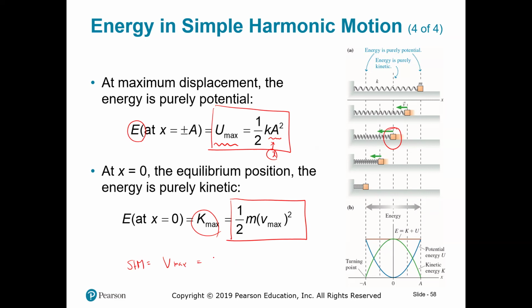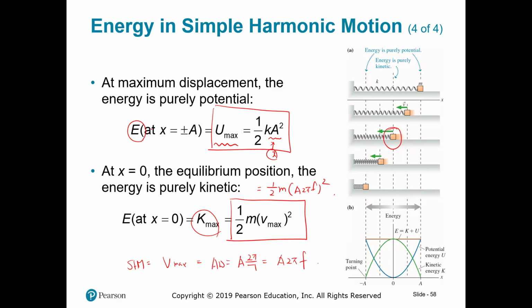Vmax is A times omega, which is A times 2 pi over T, or A times 2 pi f, right? So in other words, K max is 1/2 times m times A times 2 pi f, squared.